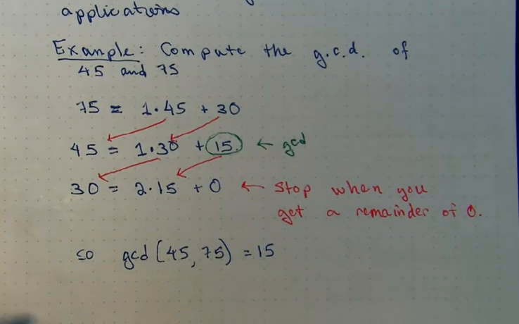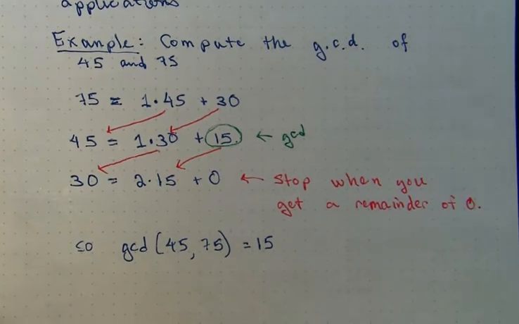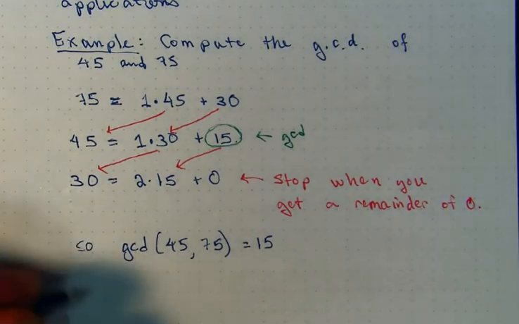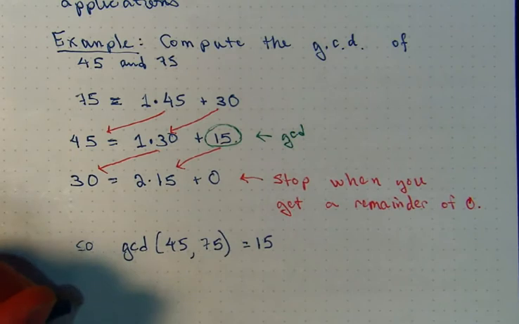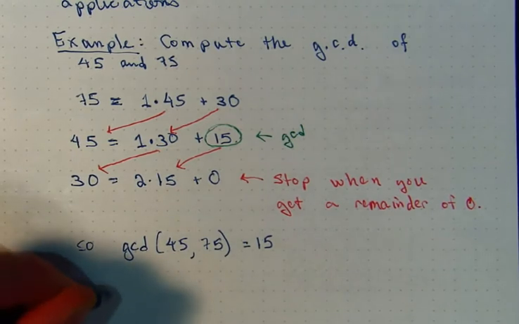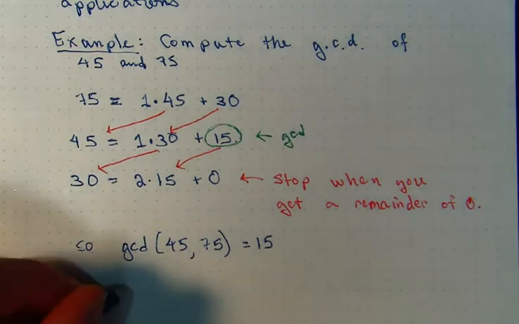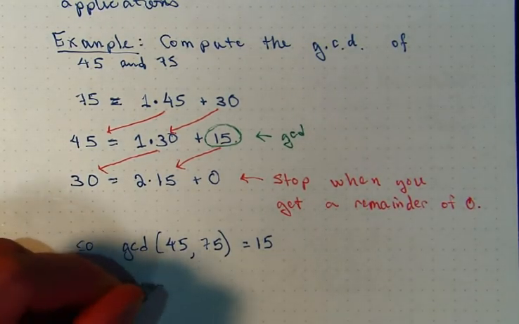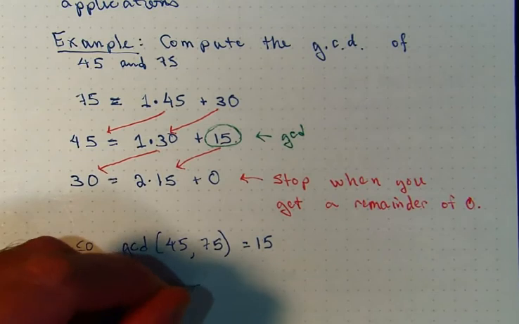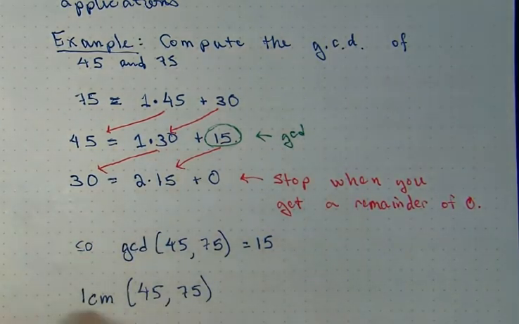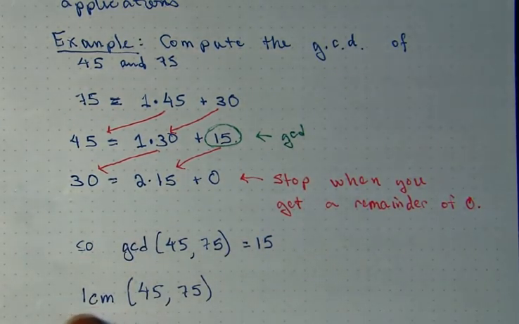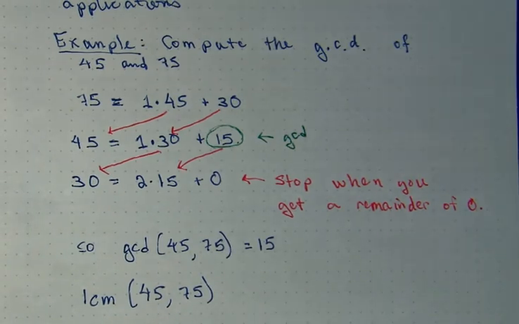Okay, one quick application of this is once you know the greatest common divisor, there's an algorithm you can apply to figure out the least common multiple. And now the least common multiple is the smallest number that both 45 and 75 will divide into evenly.